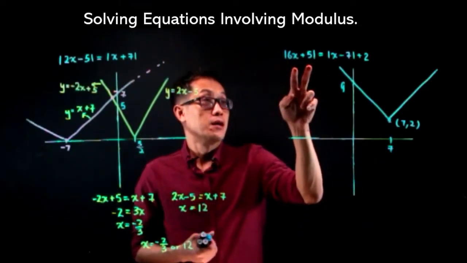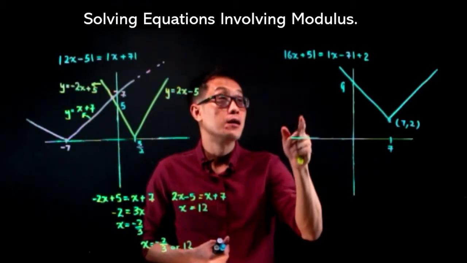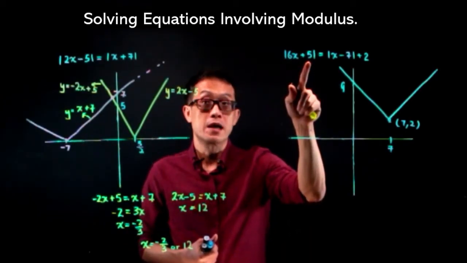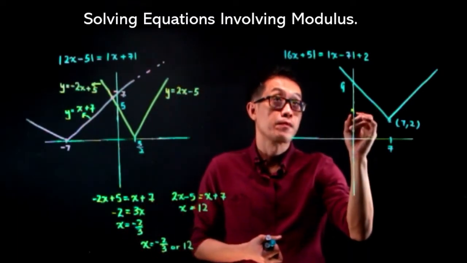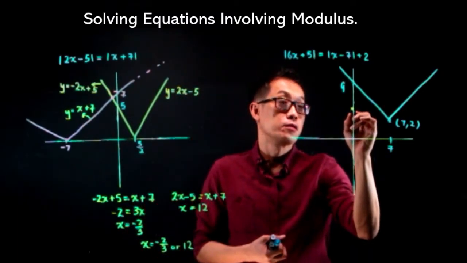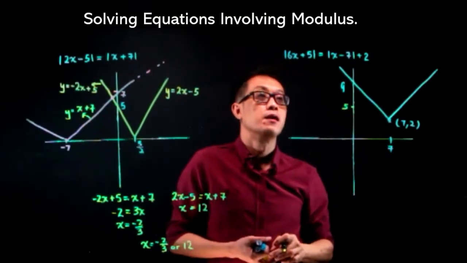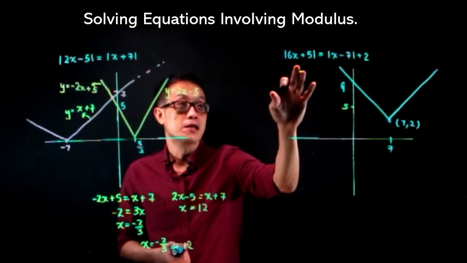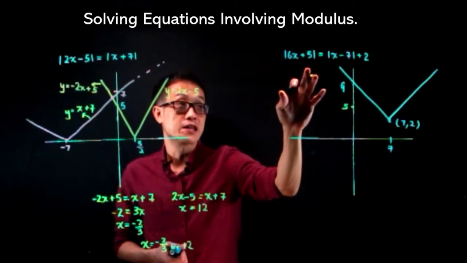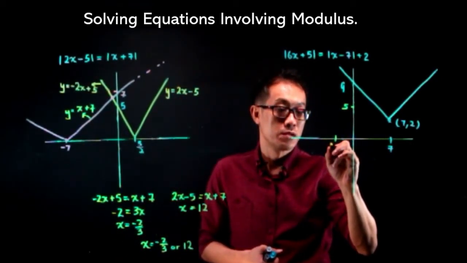Now next, let's draw this. Now it cuts the y-axis at 5. So let's say 5 is somewhere here. Now what is the minimum point? It happens when x is minus 5/6 and y is 0. So you get minus 5/6 here.